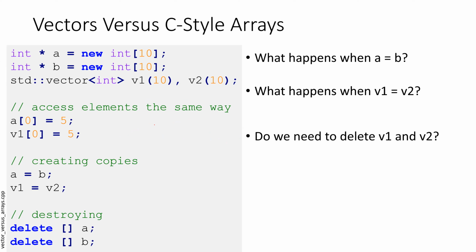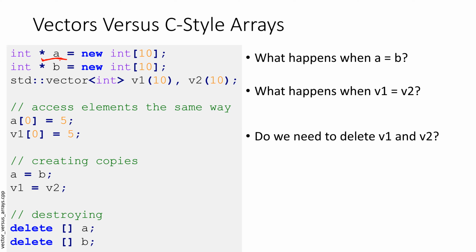Okay, so I want to quickly go through a few of the differences. Vectors work a lot like what are called C-style arrays. What you used in 244 so far with new and delete are called C-style arrays. Vectors work a lot like that, but there are some differences. The differences are what make vectors more powerful and more convenient. So let's look at those quickly. Here I'm making what's called a C-style dynamic array.